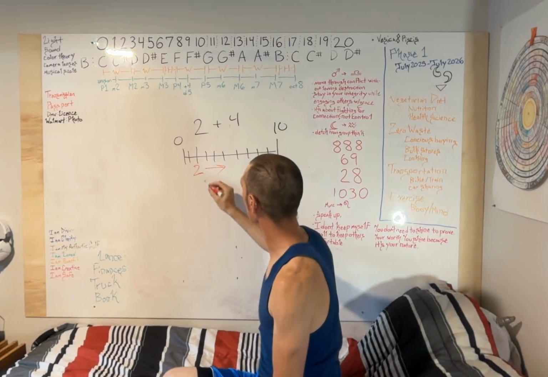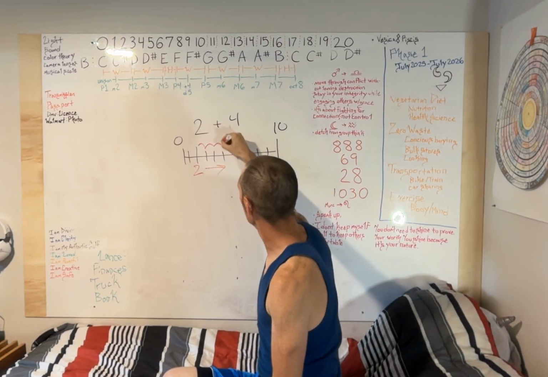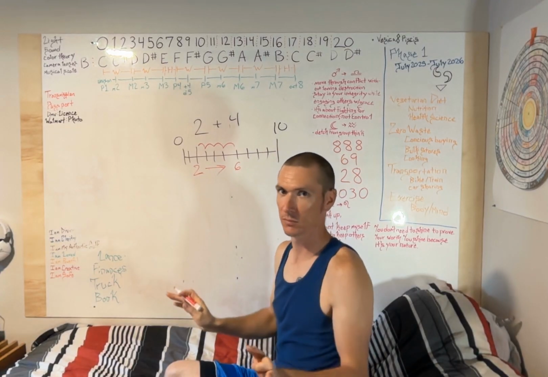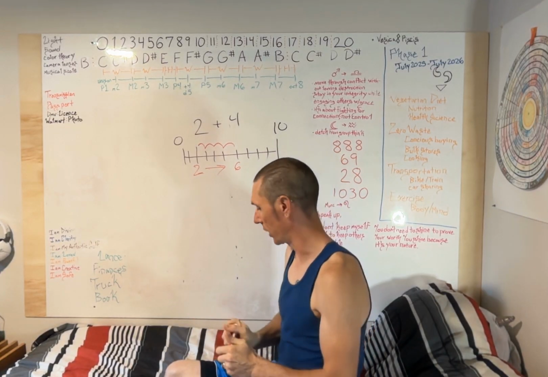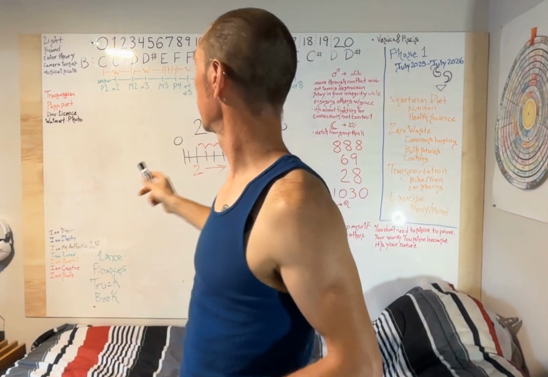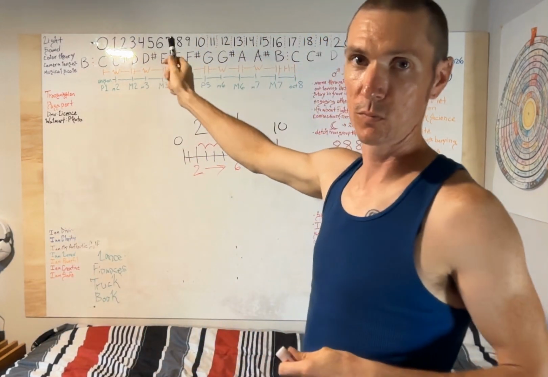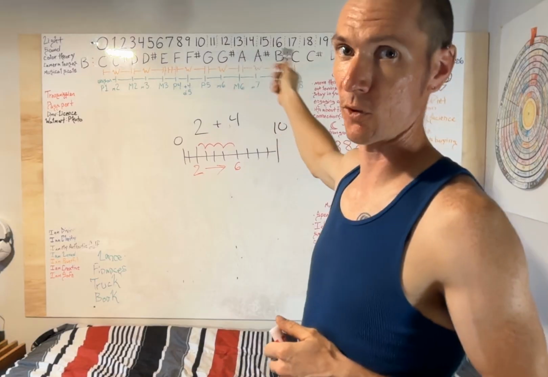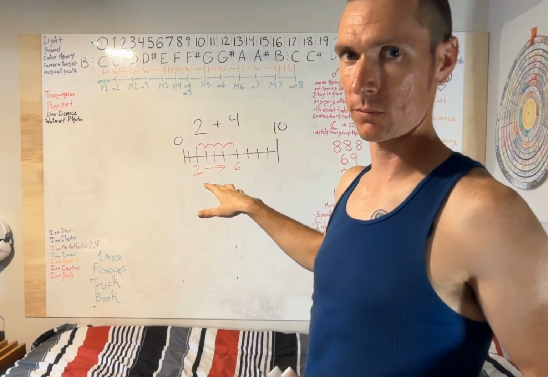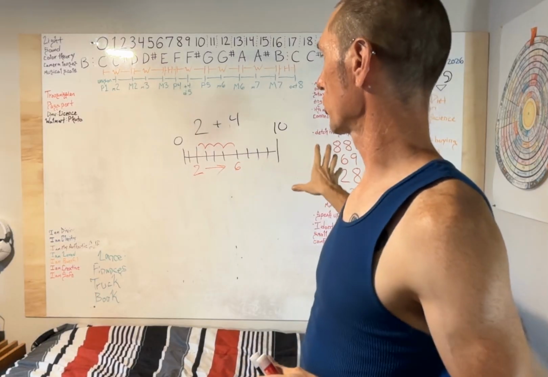You're just going this way, 1, 2, 3, 4, to get over here to 6. Basic, right? And it's gonna work that same way with the first set and the second set, 1 through 10 and 11 through 20. Addition's easy to understand like that, okay?